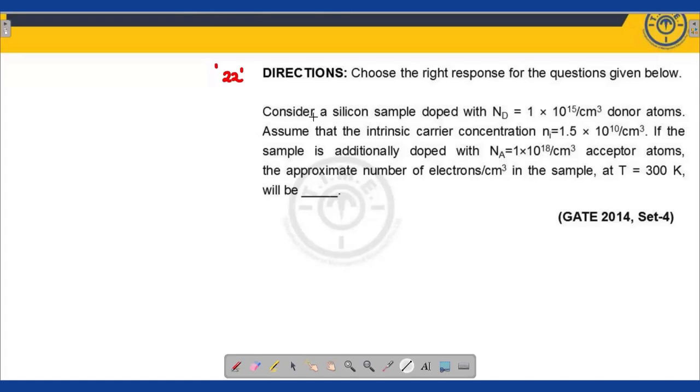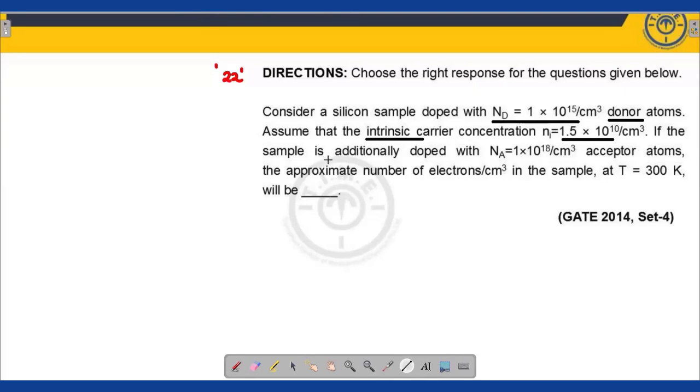The question is: consider a silicon sample doped with Nd equal to 10 power 15 per centimeter cube donor atoms. Assume that the intrinsic carrier concentration Ni is the standard value, 1.5 into 10 power 10 per centimeter cube.